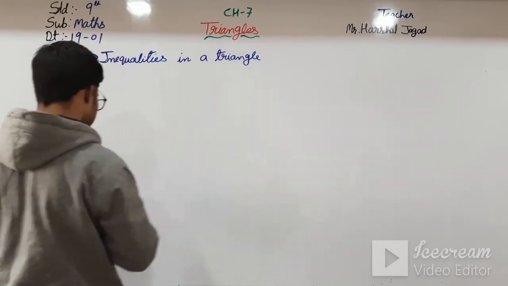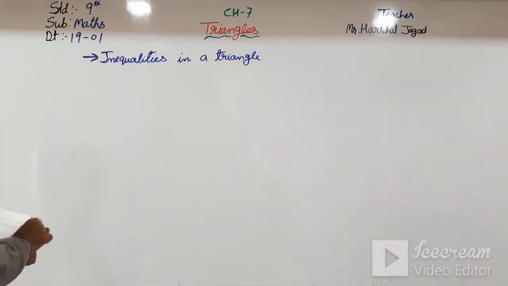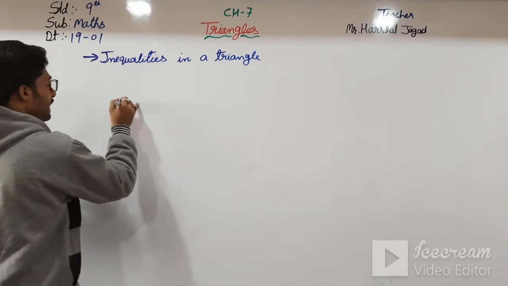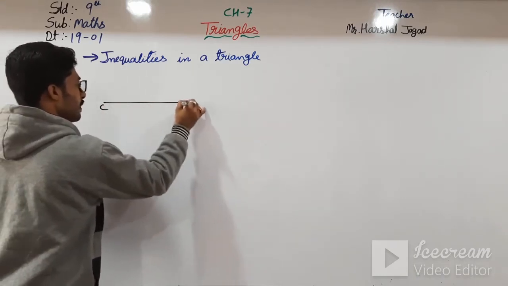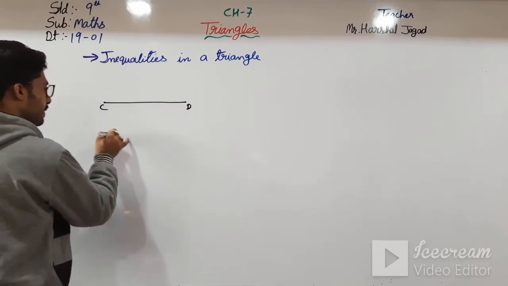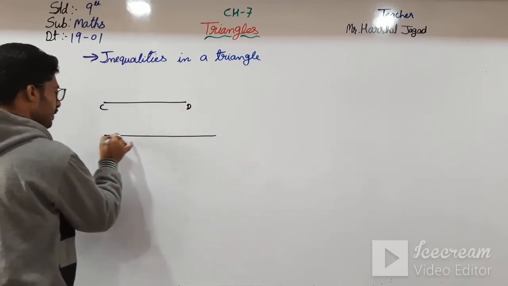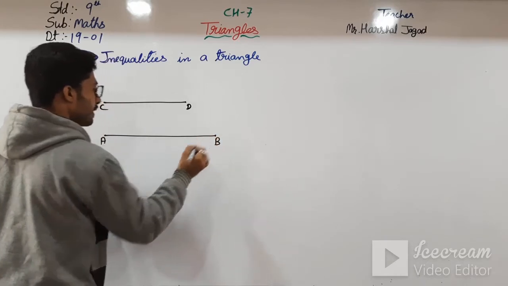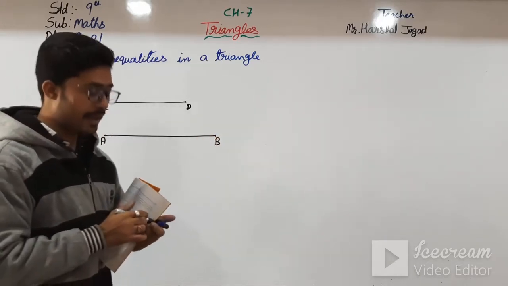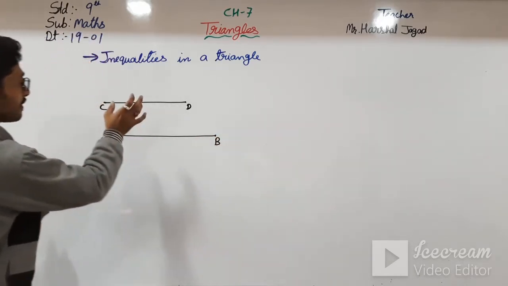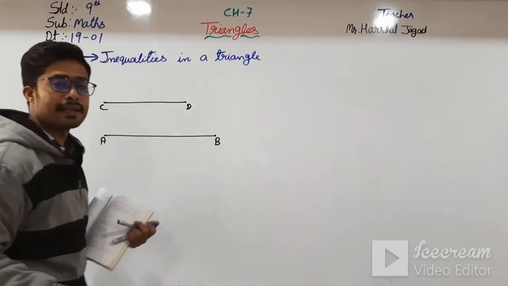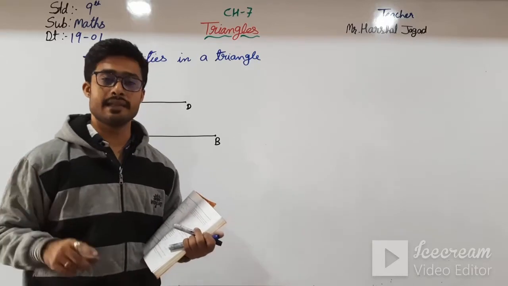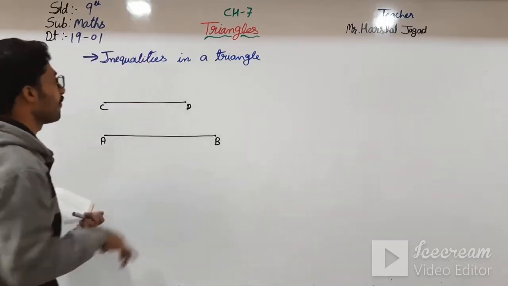You can see here, first of all, they have given a line segment, that is CD, and another line segment, that is AB. You can see the inequality in the length of both: this CD is smaller than AB, or we can also say that AB is greater than CD. Okay, you can see there is a difference.